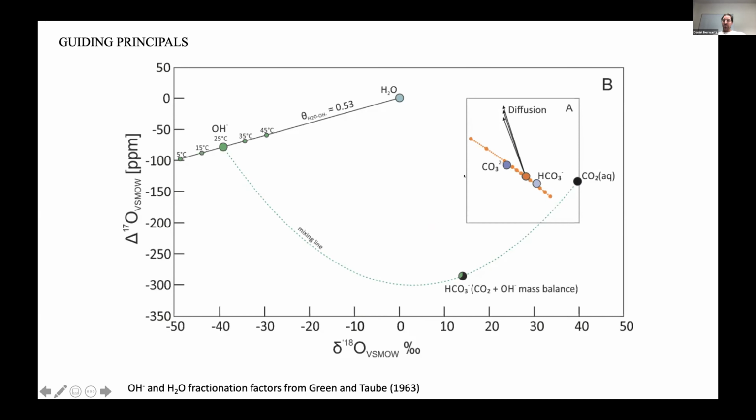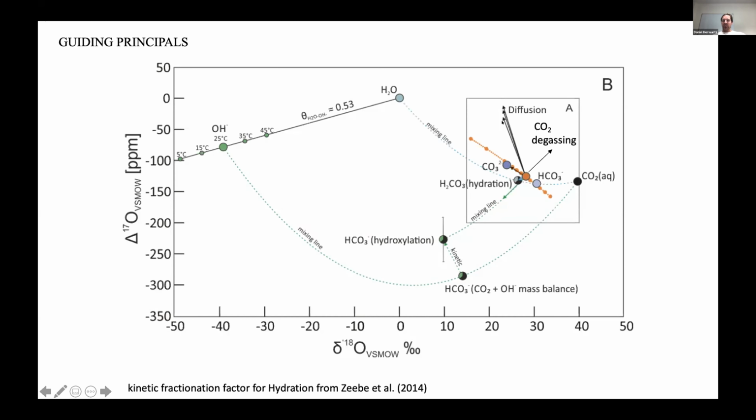Now these species can diffuse faster, so you might have a superimposed kinetic effect, and then you can form carbonate that falls down here and carbonate that falls up here, and you will have re-equilibration. And essentially, the vector that you get for hydroxylation is completely different than the one from diffusion. It may not be like I draw it here, but it's certainly not going to higher cap 17O. It will go to lower cap 17O. And you can now distinguish, if you have a sample with lower delta 18O, whether this is due to hydroxylation or due to diffusion.